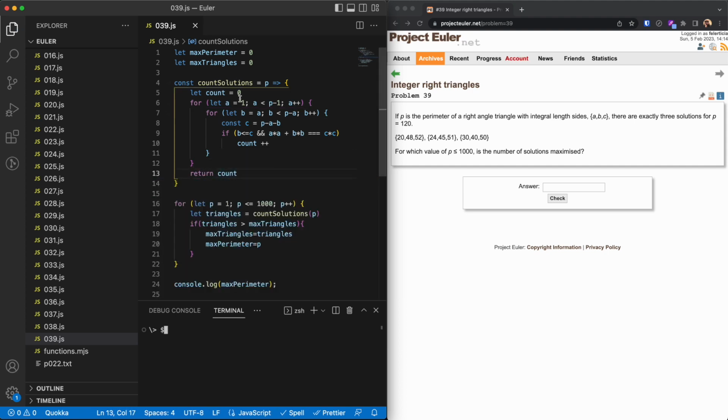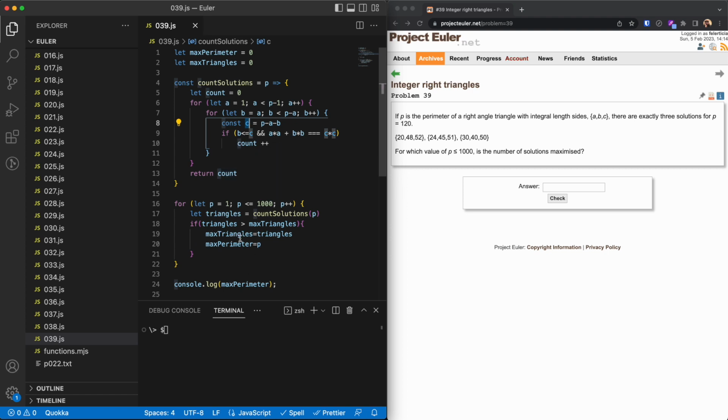So here again, we're going from 1 to p minus 1 for a and b from a to p minus a. And we get the c based on the formula of the perimeter for each and every triangle. And then we would see if b is less than the c that we calculate here, and this formula is correct, then we would add to the count, and in the end we will return count.